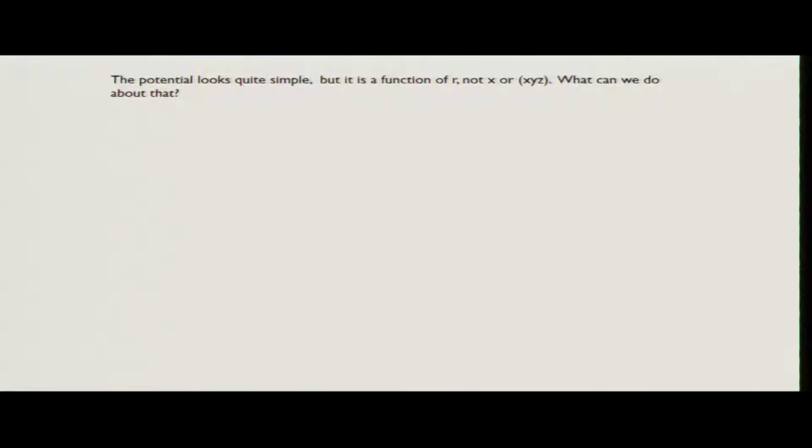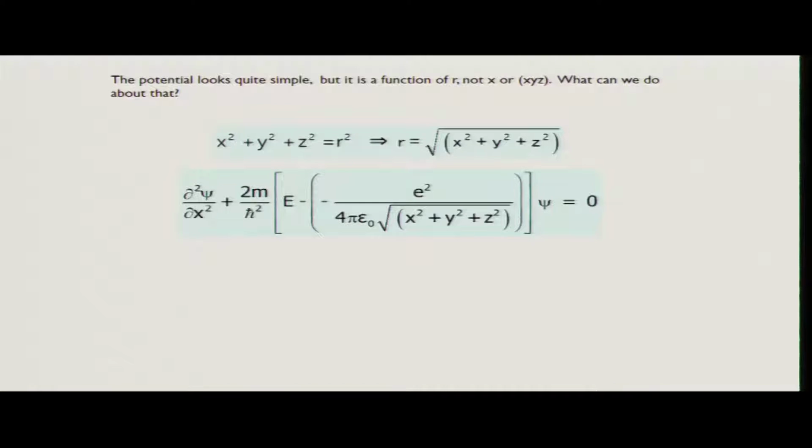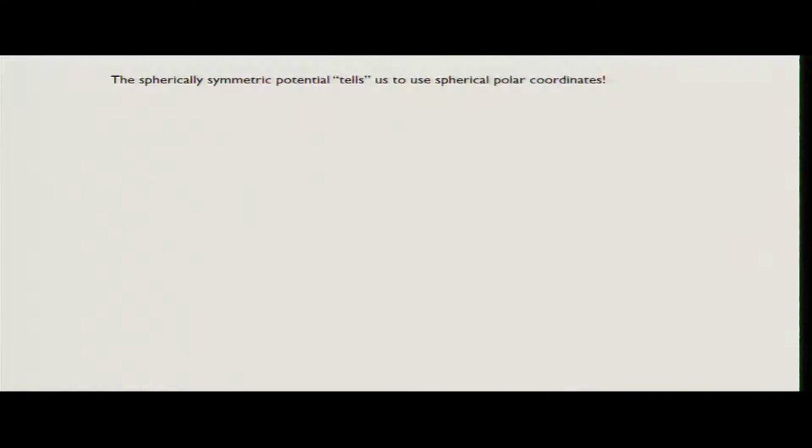The potential looks quite simple, but it is a function of the radial part r and not of x, y, z. So, what can we do about that? What we have to do is recognize that we have to actually use the radial potential, which means we are going to use this in this form, where we have to put back the x, y, z in this form, and we will need the help of the symmetry of the problem to use our mathematical approach.